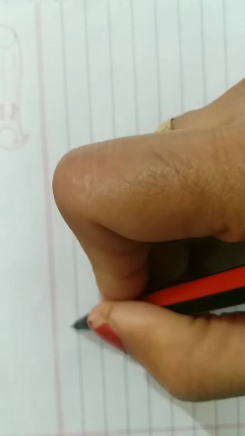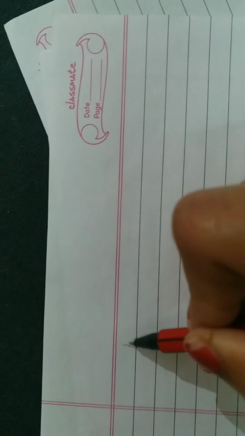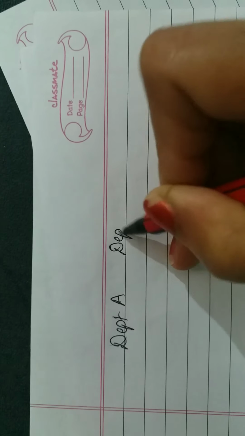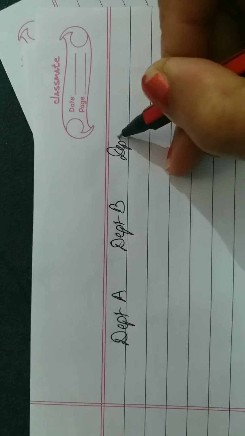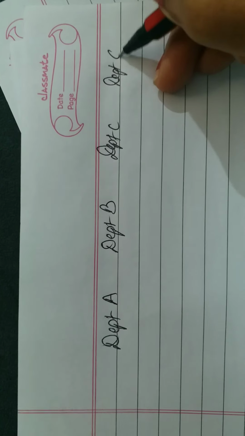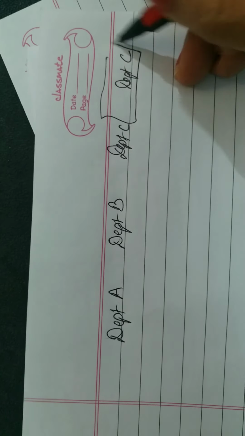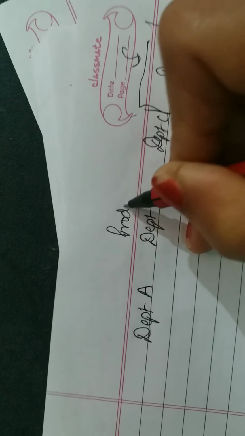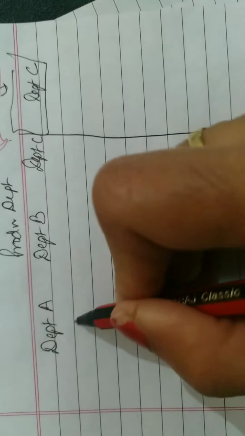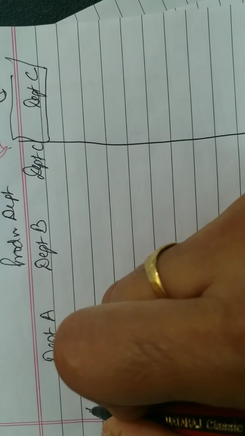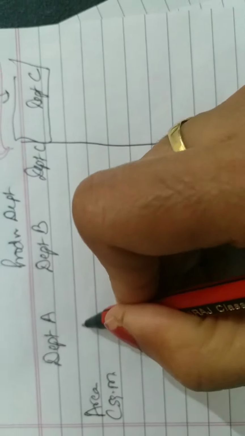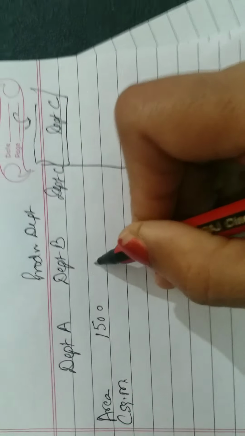Now let's say that there is what is written. I'll be copying it the same way so that you are able to understand. Department B, then department C and department D. Mind it, this D department is a service department, and all these other departments are production departments. So we are given the floor area in square meter, and they have told that this is 1500, this is 1100.